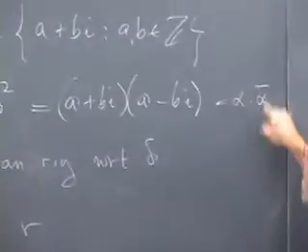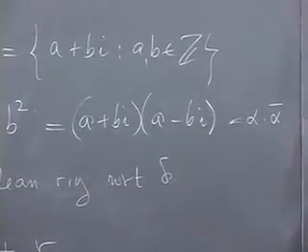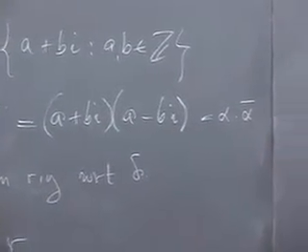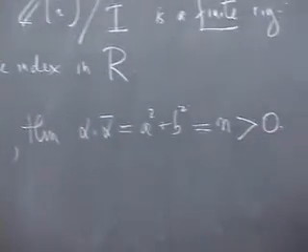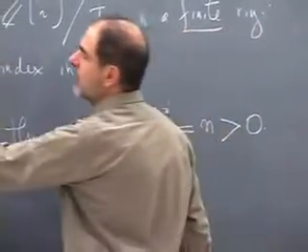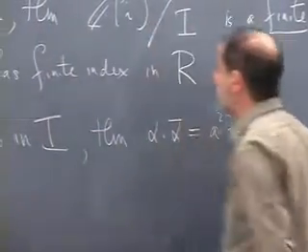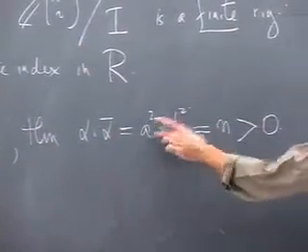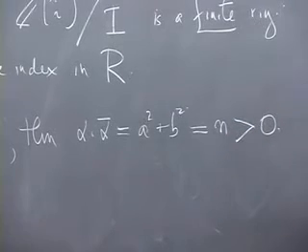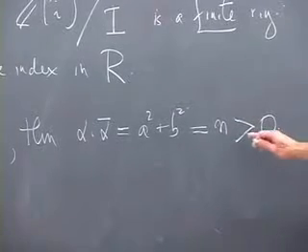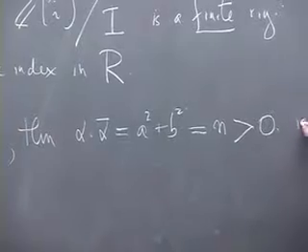When you take the complex conjugate of a number, you get that. Let's call this number n, which is some positive integer. Because if alpha is not equal to 0, either the a coordinate or the b coordinate is non-zero, so the sum of these squares is positive, so you get some positive integer. And this element n is in I.